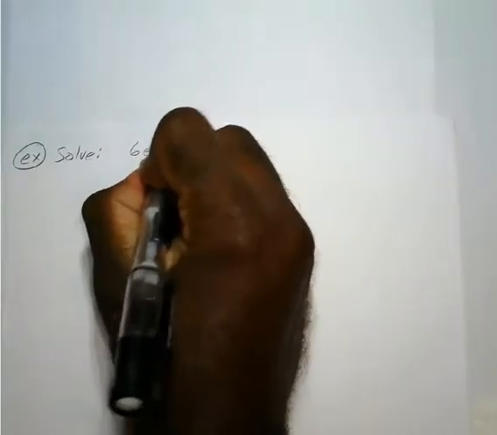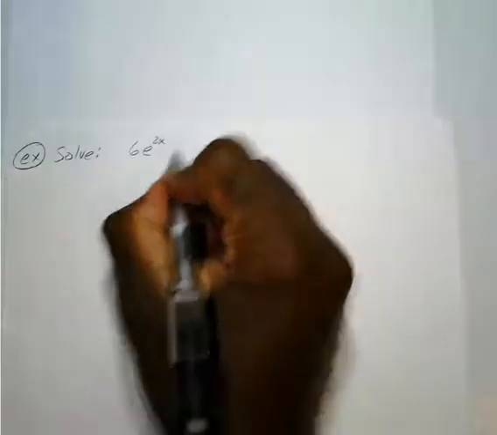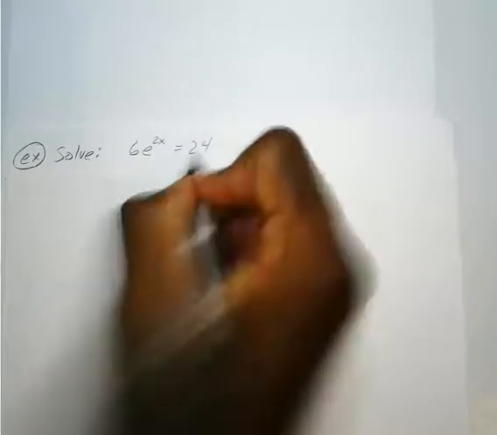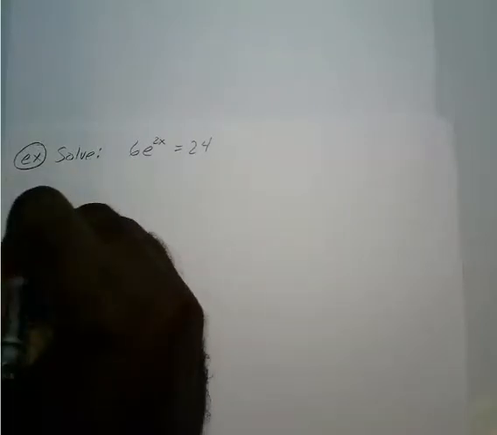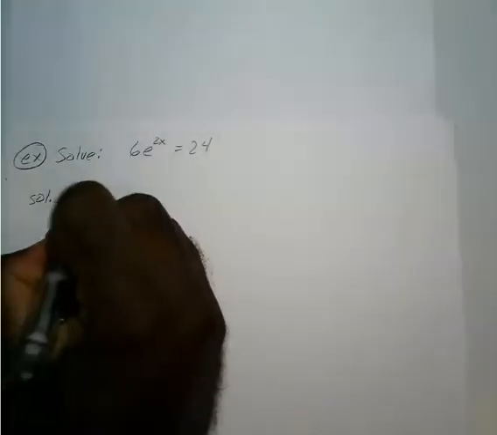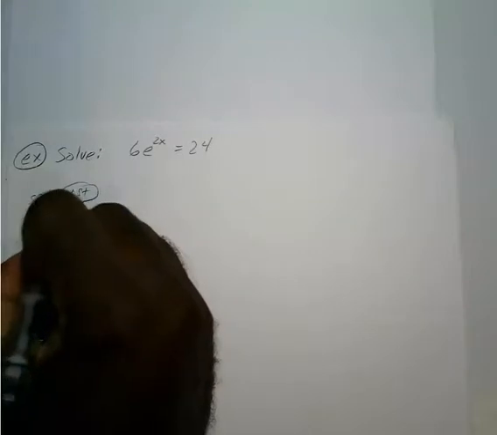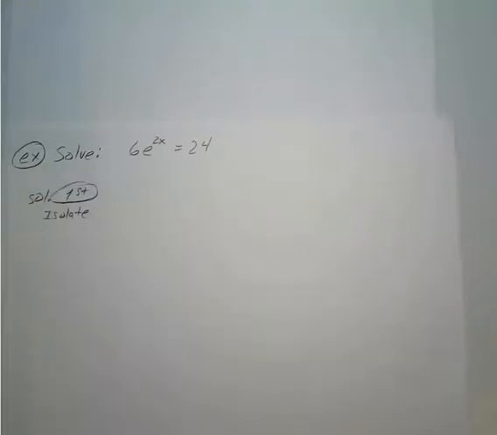Okay, so let's say, for example, you want to solve 6e to the power of 2x equals 24. Remember your first step: you want to isolate your exponential value.